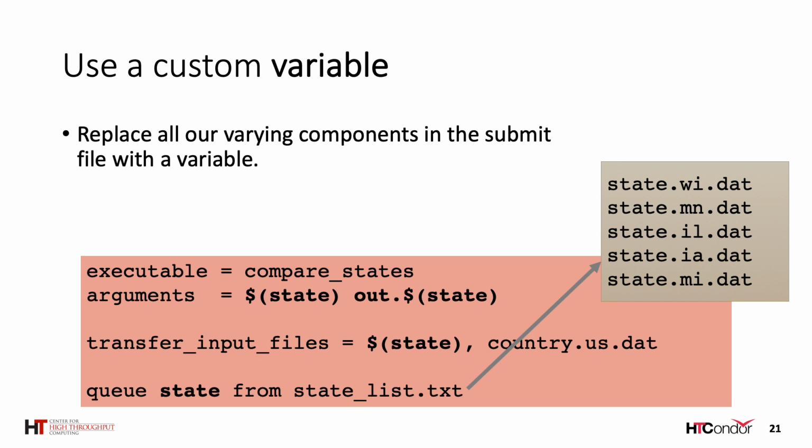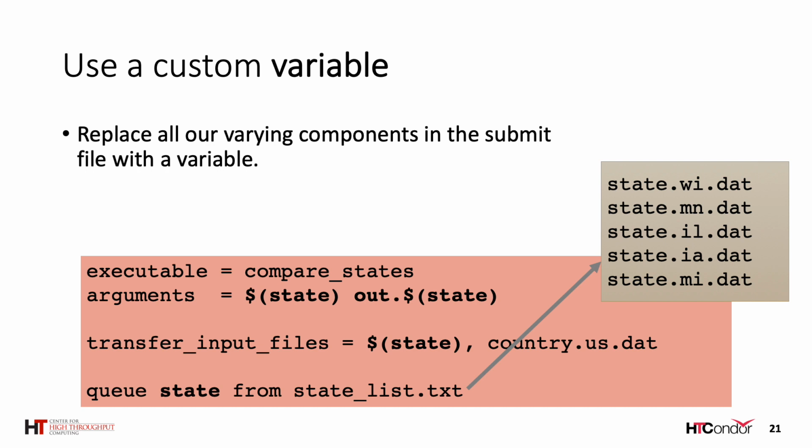Instead of proc ID, process ID, I get to choose my own variable, which is indicated in the Q statement. I've inserted my choice of variable between Q and from, very similar to writing a for loop for those who are familiar with that syntax. And then I've used that variable name in the appropriate places in the top part of the submit file to reflect what needs to change for each job. So this will now submit 5 jobs, one for each input file, and the correct information will be passed to the different job instances.